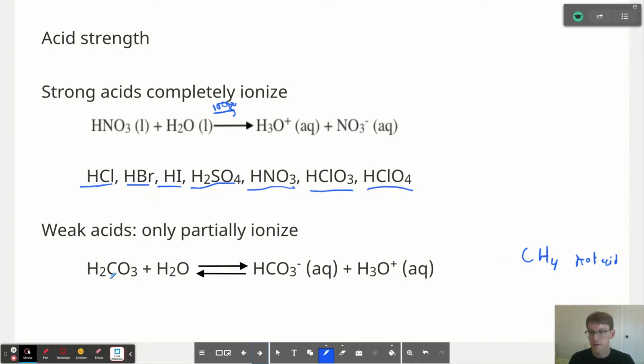So this is H2CO3, known as carbonic acid. It is an acid, but it is weak. It's not one of our 7. And so what we say is that it partially ionizes, which is why we draw equilibrium arrows here. This goes actually only less than 5% forward. The vast majority of carbonic acid in solution is going to be H2CO3, and then only a little bit will break apart and give you HCO3- and H3O+.